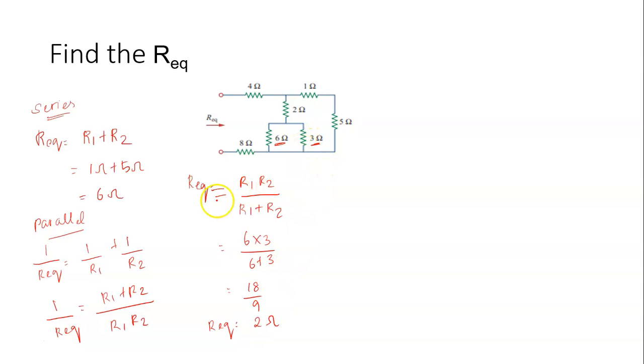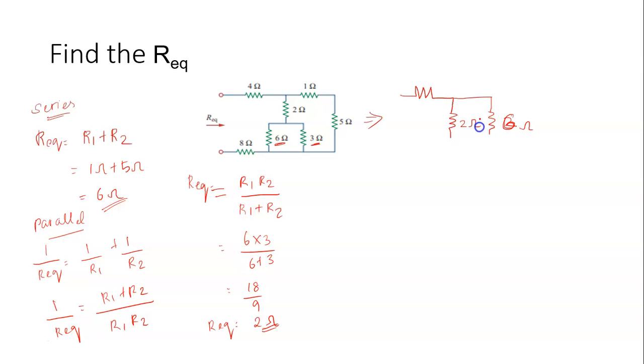Now that we have found two values, we are going to redraw the circuit. This 2 ohm will be the same, and here these two resistors combined give a 6 ohm resistor.